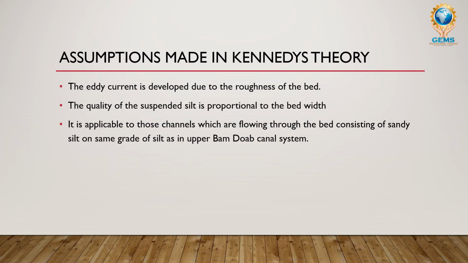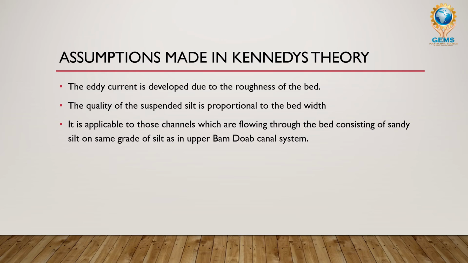There are general assumptions which are made in the Kennedy's theory. The first one is the eddy current, which is developed due to the roughness of the bed. I have already explained in the previous canal lecture what an eddy current is, and here again you have to assume it for the design of the unlined canal in an alluvial type of soil. The second point is the quantity of the suspended silt is proportional to the bed width.